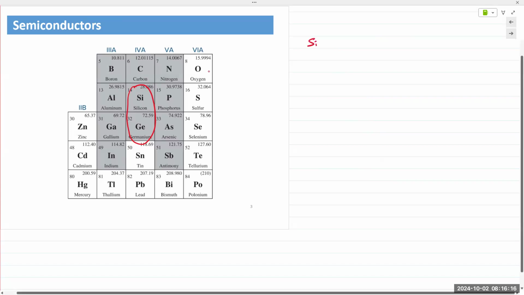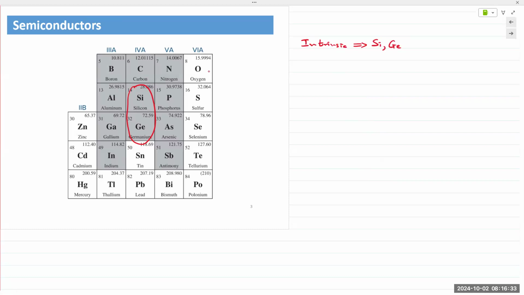Silicon and germanium are intrinsic semiconductors. Germanium was actually the first semiconductor used to develop a solid state device, which was the point contact transistor. And then silicon, of course, because of its superior properties and ease of manufacturing versus germanium, quickly took over as the de facto material of choice.